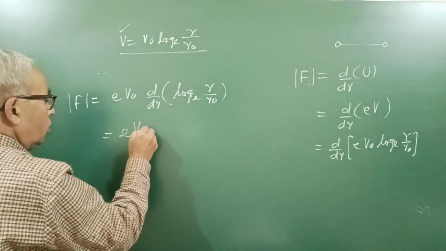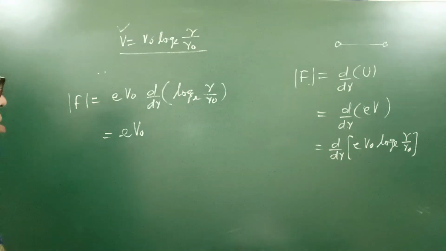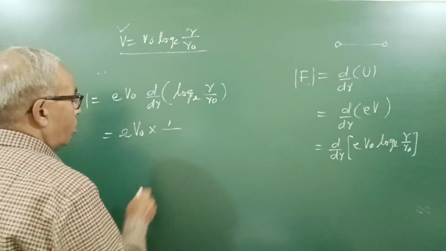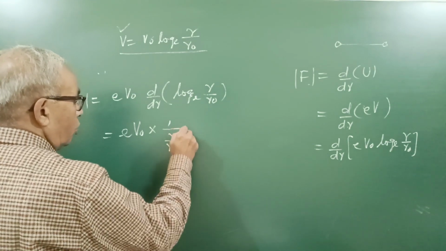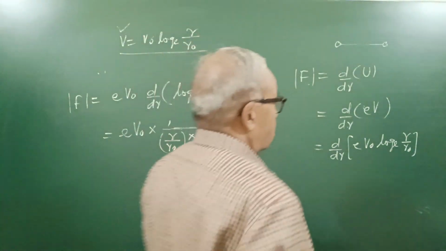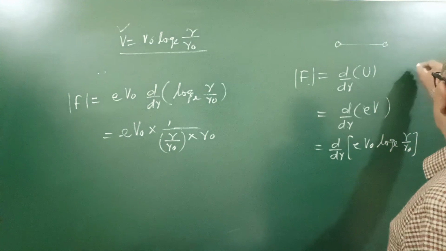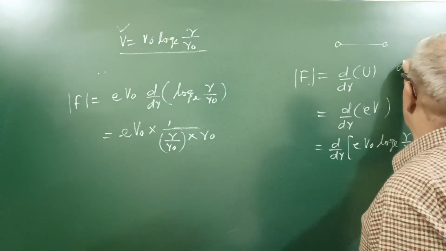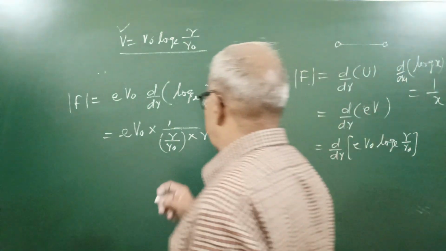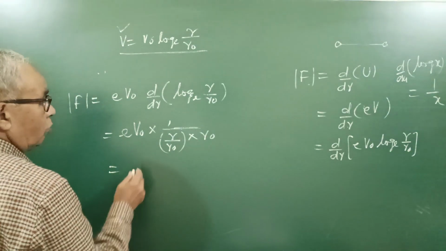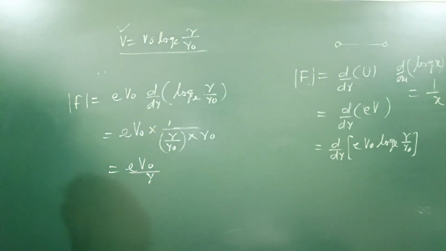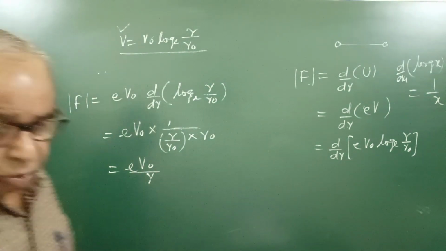It is equal to eV0 into 1 upon r0 into r0 also. The differential of log x, d upon dx of log x, is equal to 1 upon x. So it comes out to be eV0 upon r. F is equal to eV0 upon r.